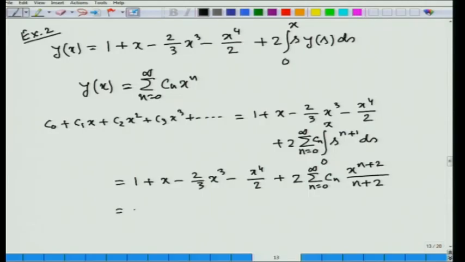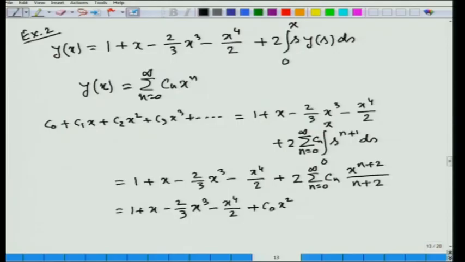So, this is equal to 1 plus x minus 2/3 x cube minus x to the power 4 by 2, and if we substitute n equal to 0 here, this series starts giving contribution from x square onwards. For x square we will have C 0 x square, substituting n equal to 0.